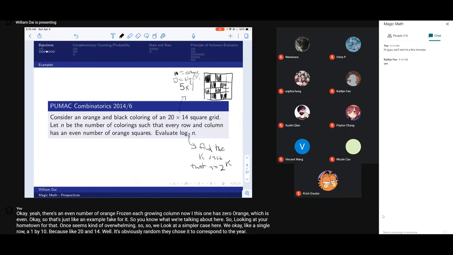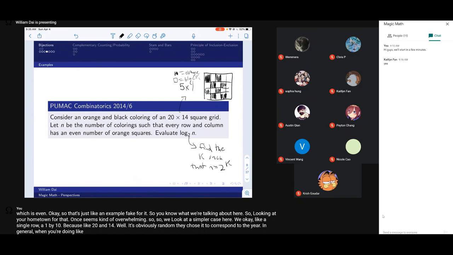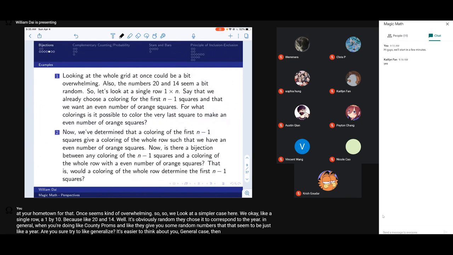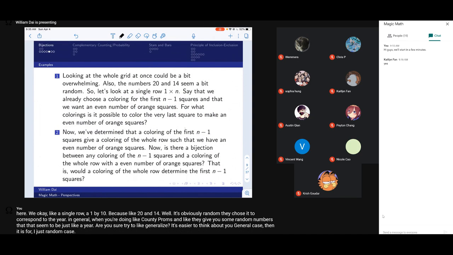In general, when you're doing counting problems and they give you some random numbers that seem to be just the year, you should try to generalize. It's easier to think about the general case, and in the end, you can apply what you know about the general case to this specific case.